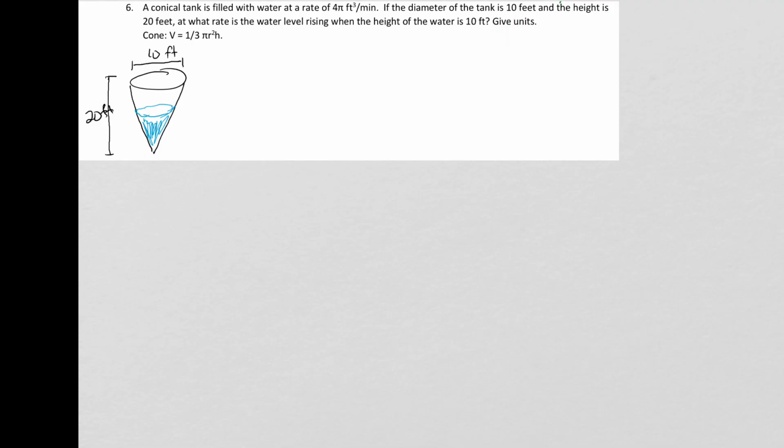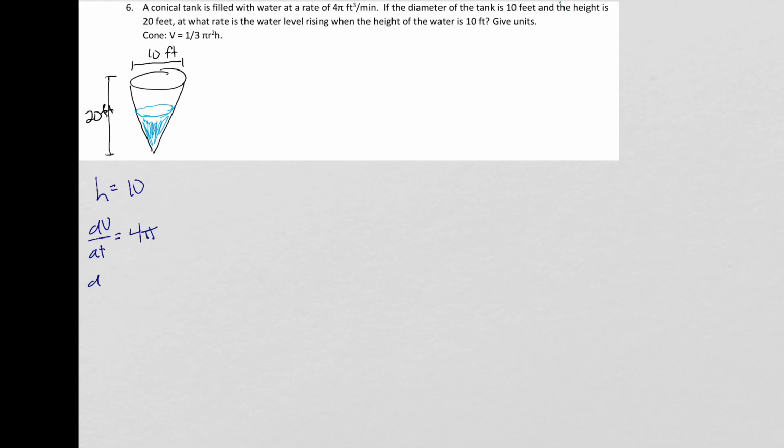They tell me to give units. They give me the volume of a cone. So let's identify what we know to start. My height of the water is equal to 10 feet. I'm just going to write 10. My dV over dt of the water is equal to 4 pi.